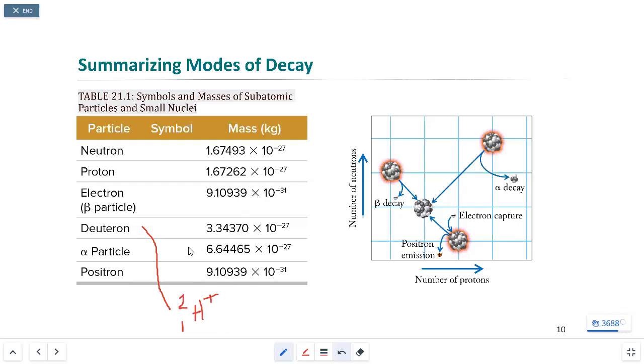You'll notice that basically a deuteron is half of an alpha particle, which again should make some sense, because an alpha particle is a helium nucleus instead of just a double dose of hydrogen.